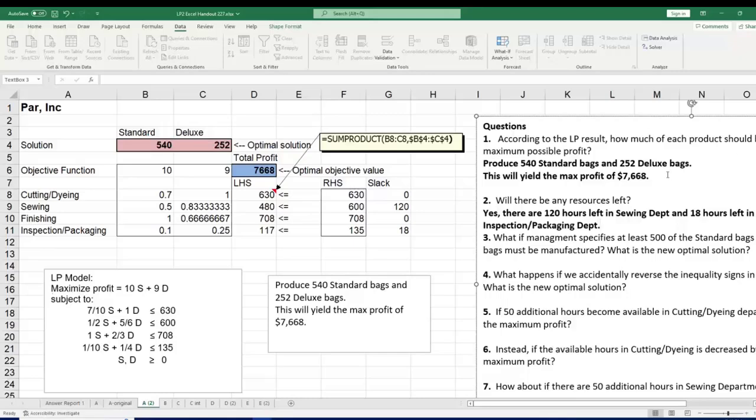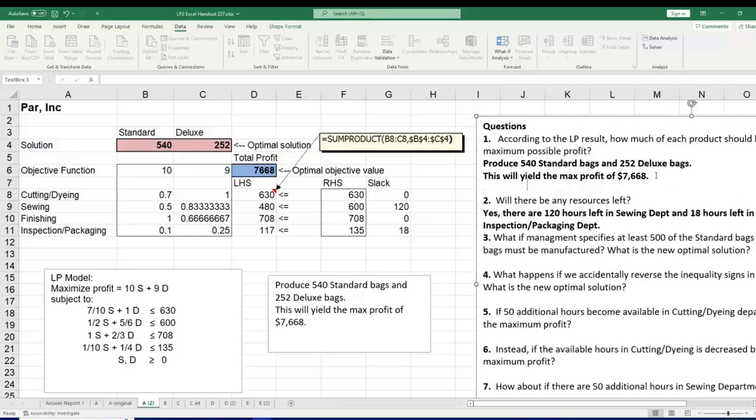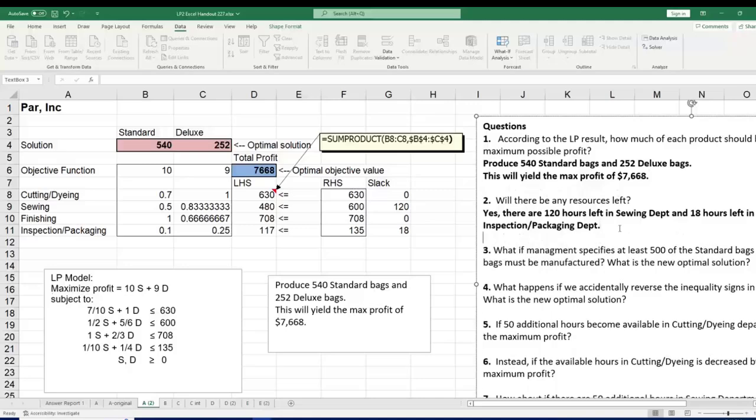That's just a matter of interpreting, just reading off the numbers from our result. Actually, I should put it here. Okay, now let's look at this other question.